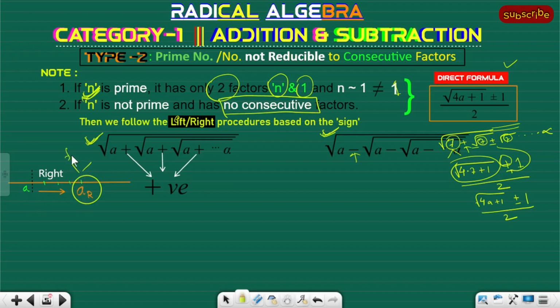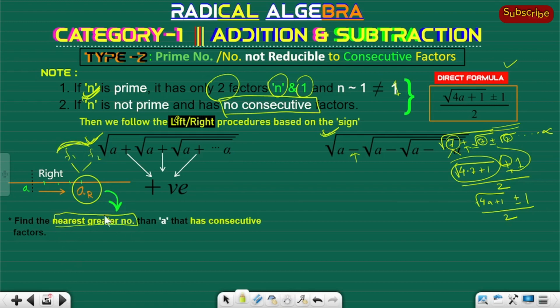Which has consecutive factors F1, F2. Find the nearest greater number than A. A number bigger than A which is nearest to it. The next number bigger than A that has consecutive factors. We have to find it.